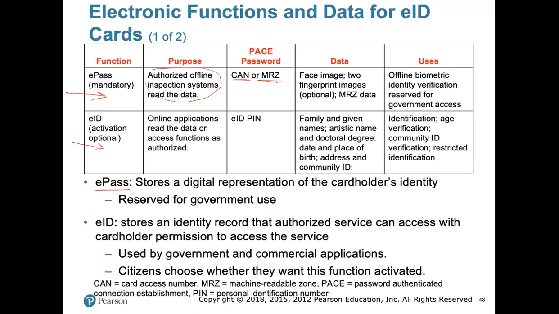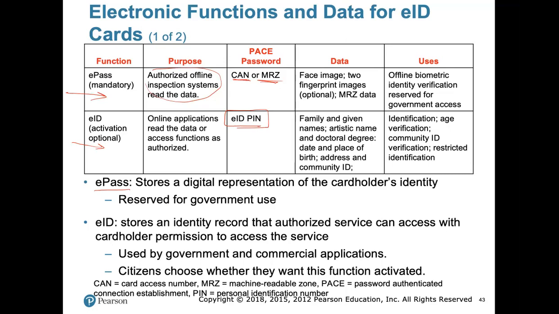As the card stores an identity record, that piece of information, which can be CAN or MRZ, or in particular the PIN, can be used to authorize some specific services to the cardholder.